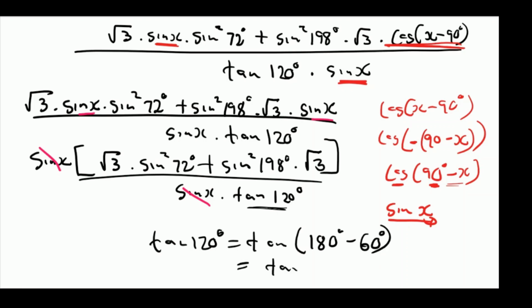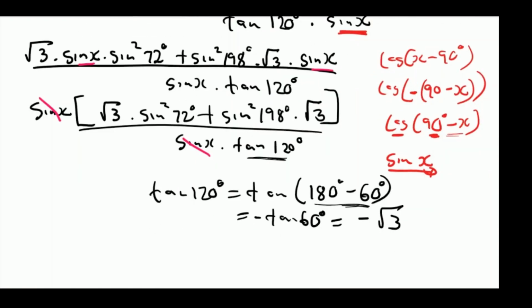Because this is in the second quadrant where sine is the one that is positive, it's going to be negative tan of 60 degrees. If you know your special angles, negative tan of 60 degrees is equal to negative root of 3. So that is the solution. Now we know that tan of 120 degrees is actually negative root of 3, right?